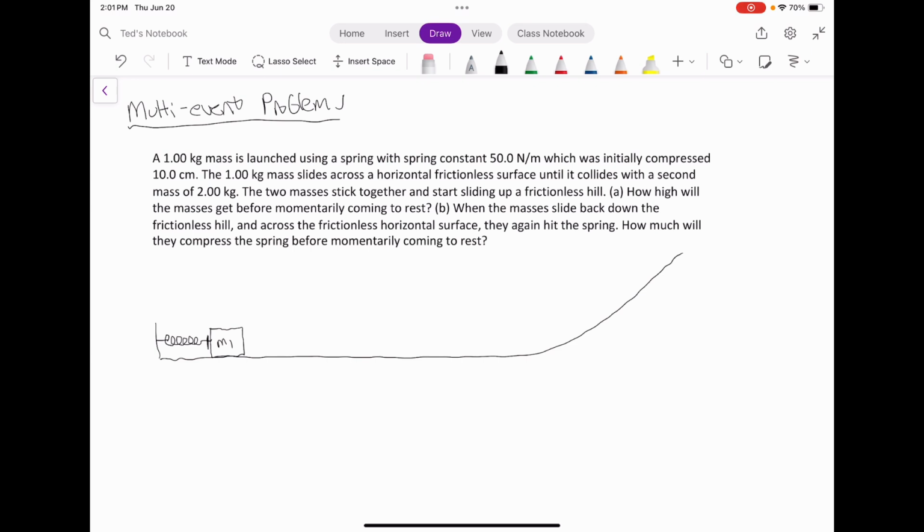In our initial picture, M2 is at rest on the horizontal part. Now, what's going to happen, and actually I'm going to see if I can move M2 a little bit closer here. So in black here, I've got my initial situation.